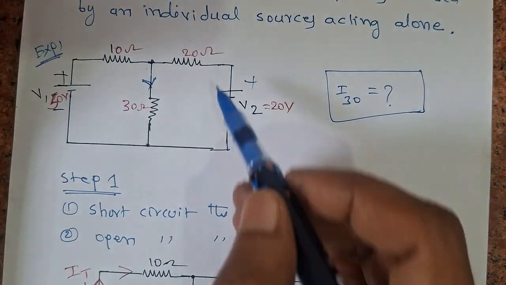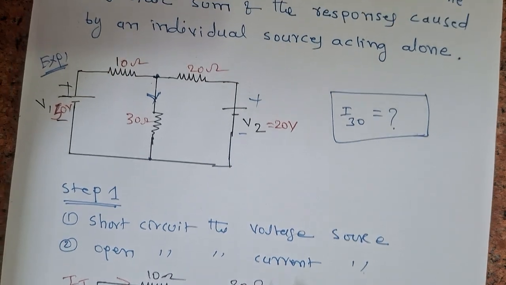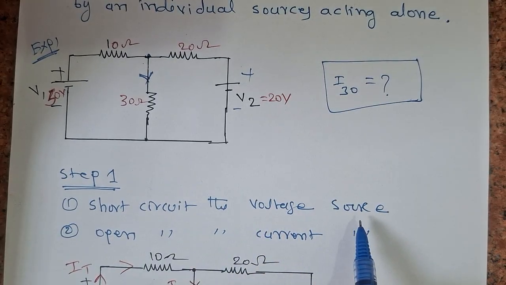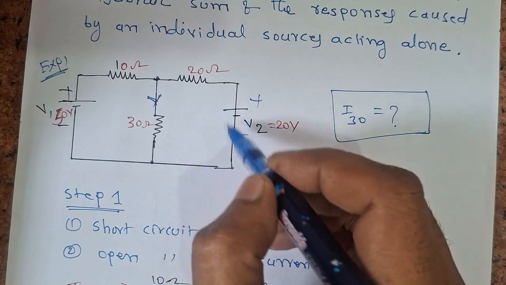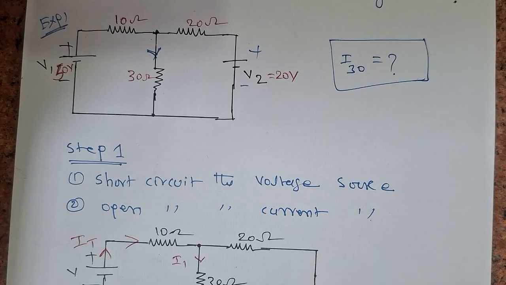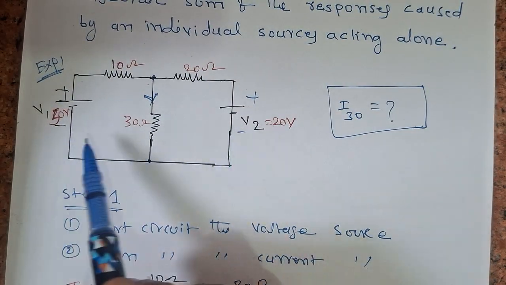So the second source we have to remove. How to remove the voltage source? If the circuit consists of voltage sources, short circuit the voltage source. If there is a current source, then you have to open circuit the current source. For the time being, in the given problem, we have only voltage sources.